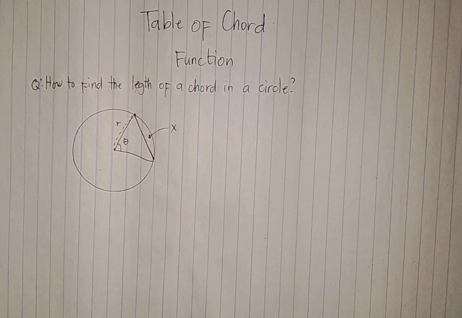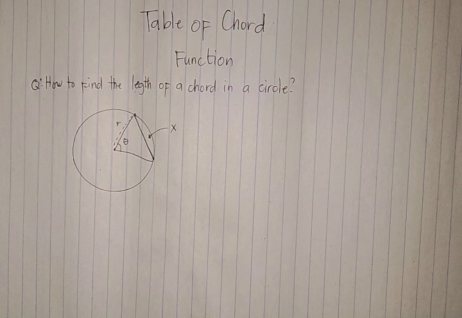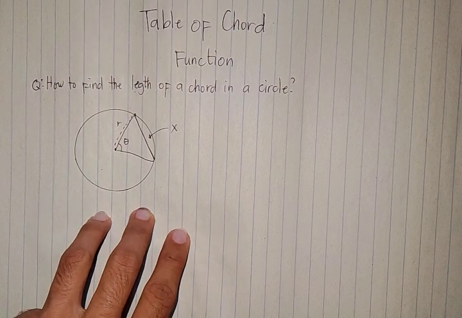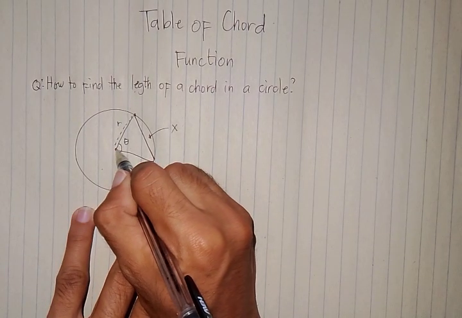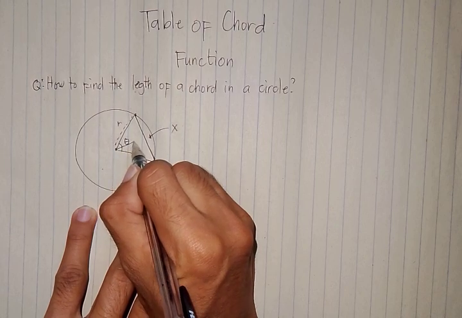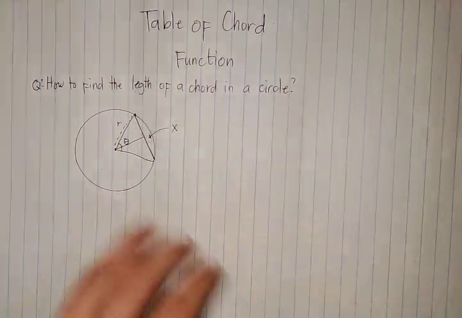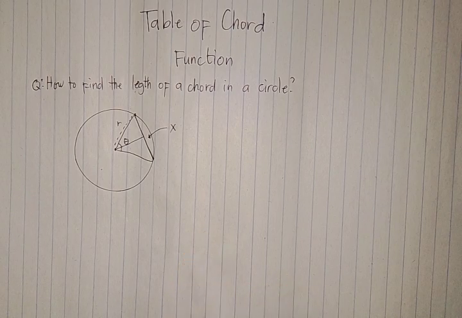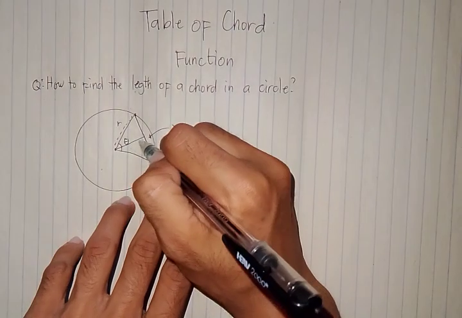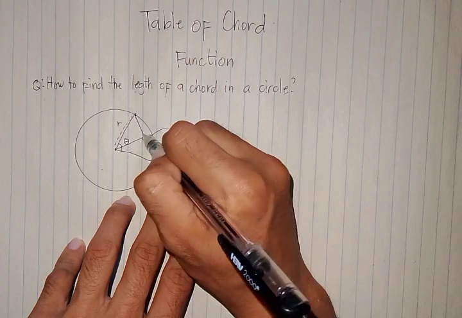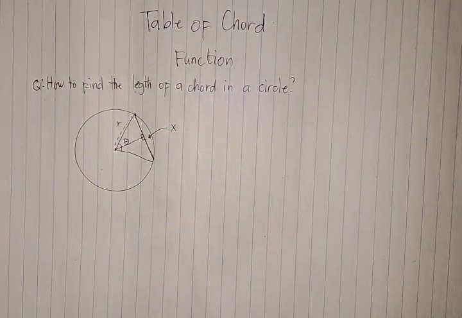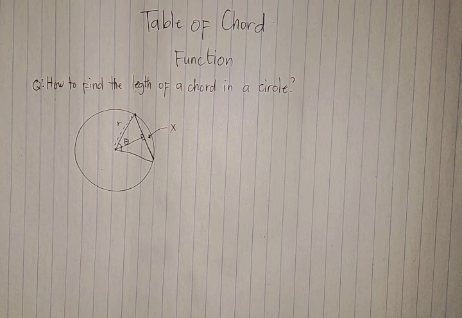So how is this information used to find the length of the chord? First, we need to draw a line segment perpendicular to the chord. As we notice, this is a 90-degree angle. The 90-degree angles are congruent because they are the same.